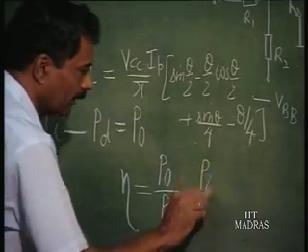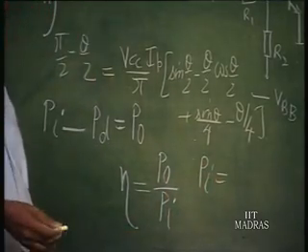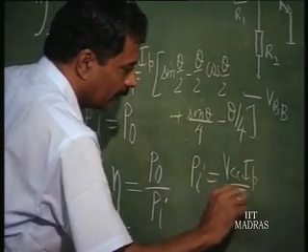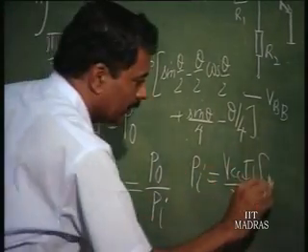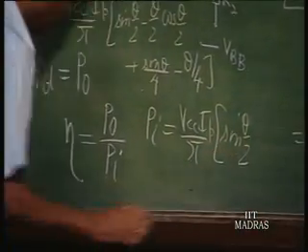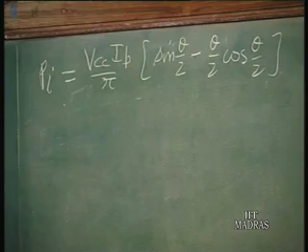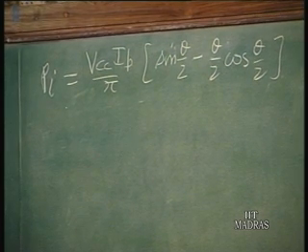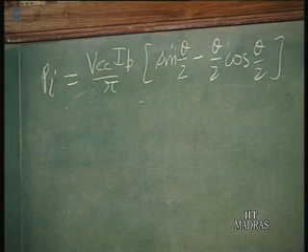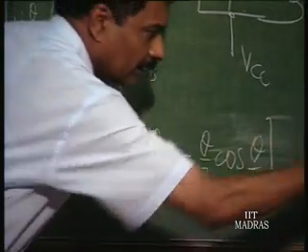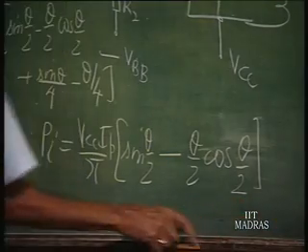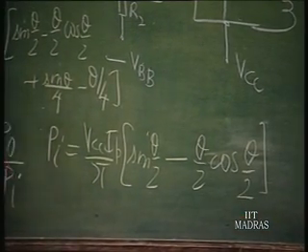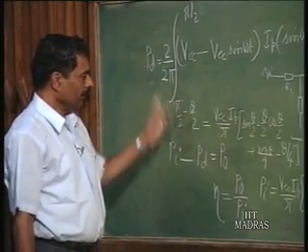Power input we had earlier obtained is nothing but VCC into I average, which is VCC Ip by pi into sin theta by 2 minus theta by 2 cos theta by 2. This is the power that is inputted. So, we have to subtract the power dissipated from the power inputted.